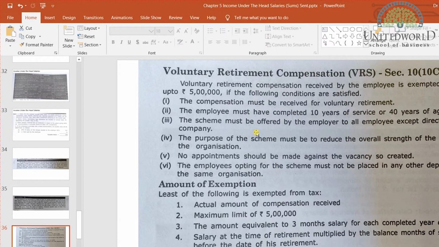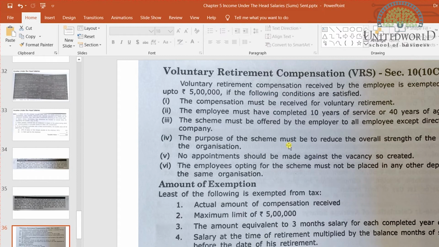Next comes, the employees opting for the scheme must not be placed in any other department. Interdepartmental transfers cannot be considered as a VRS, right?